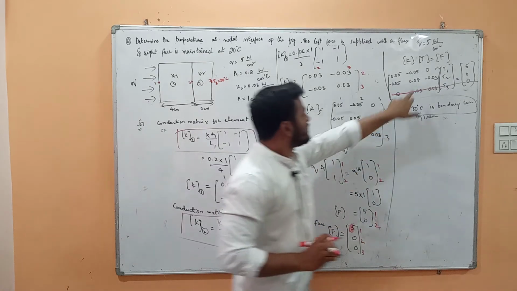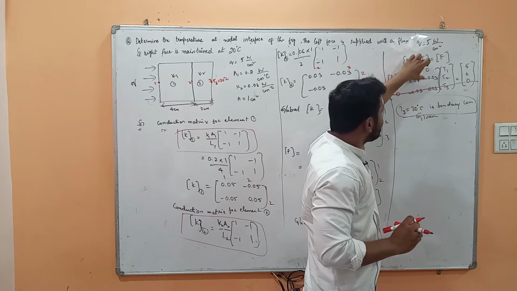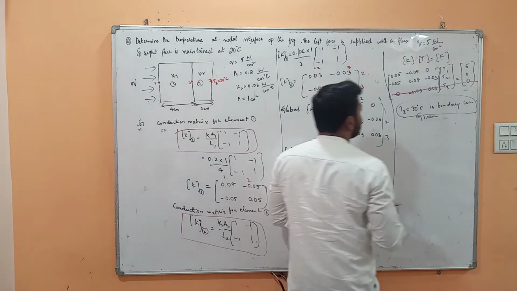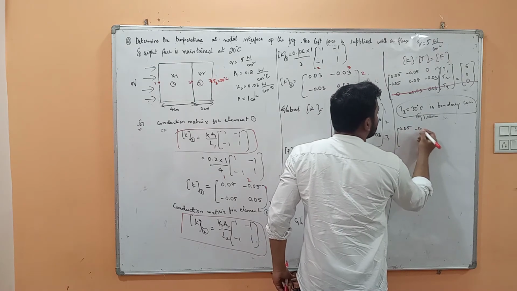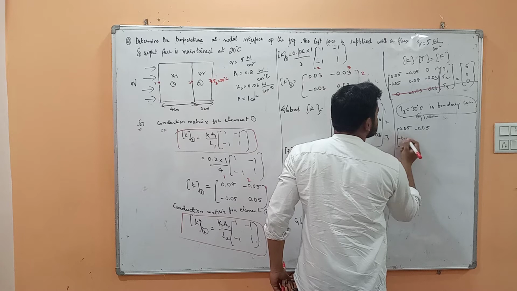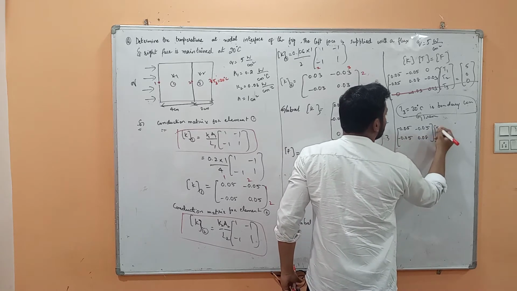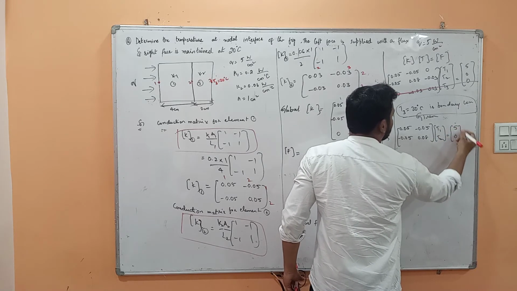No, because this value is not 0 and this is going to get multiplied with this one. So we have to send these two elements to the right side, like we have solved in the last problem. So this is 0.05, minus 0.05, minus 0.05, 0.08 into T1, T2 is equal to 5, 0 plus these two values.